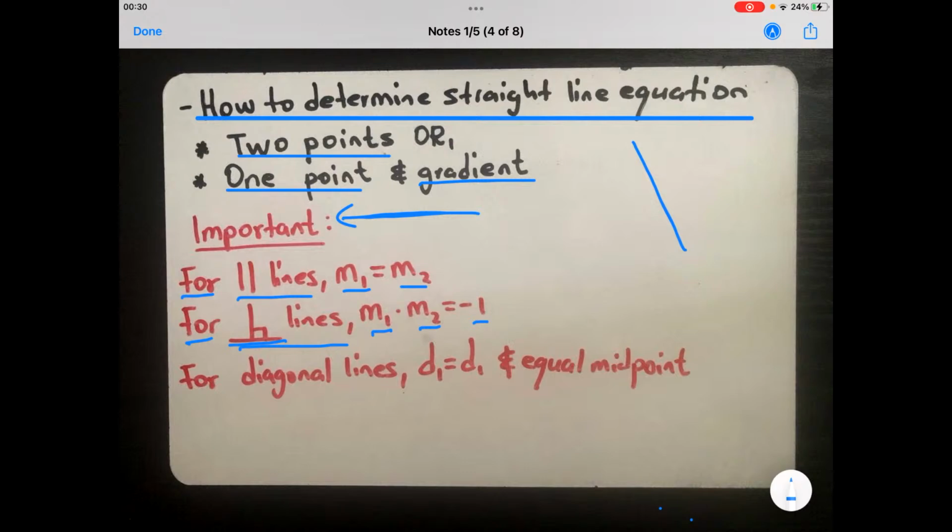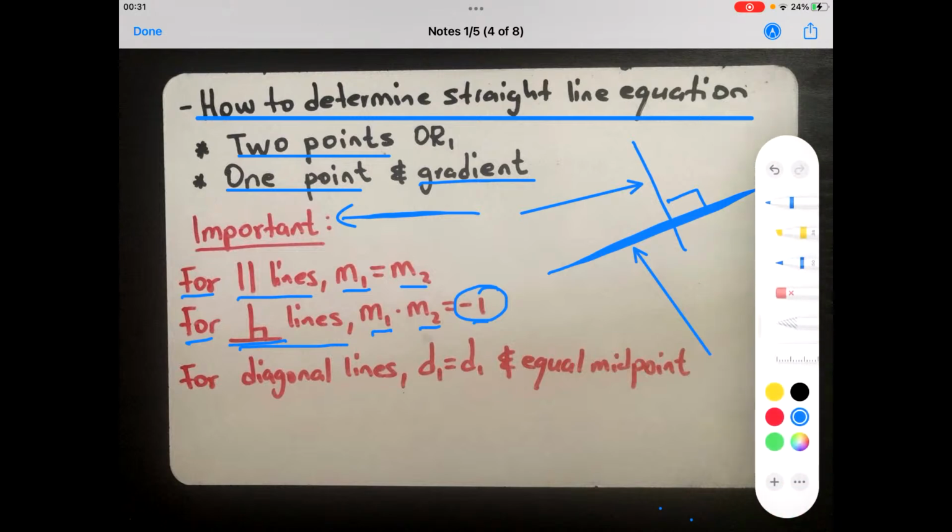So for these lines to be perpendicular, they form 90 degrees. So that means when you multiply the gradient of that line with the gradient of that line, you are going to get a product of -1. Always remember that. It is as easy as that. You will notice how we do calculations involving those.